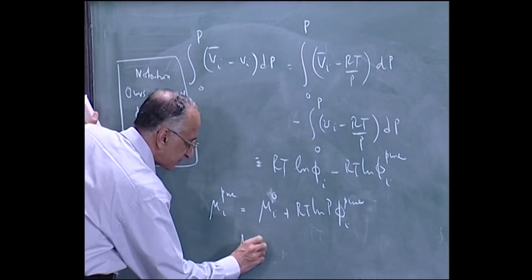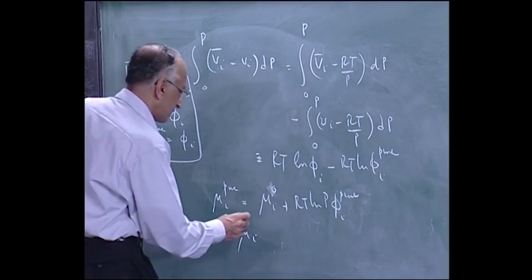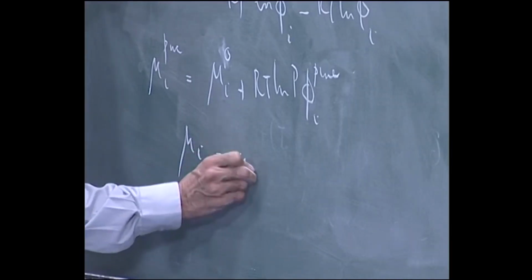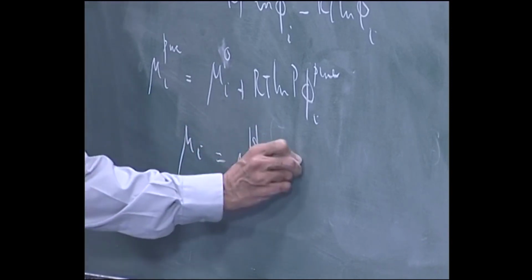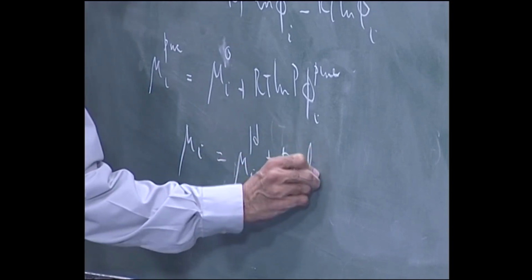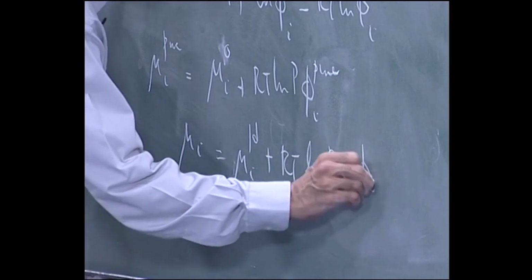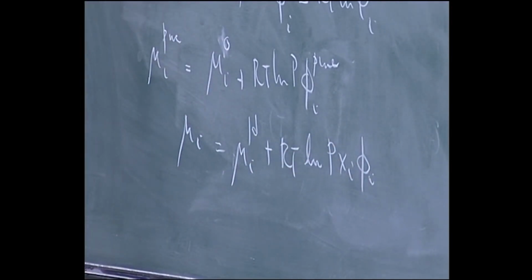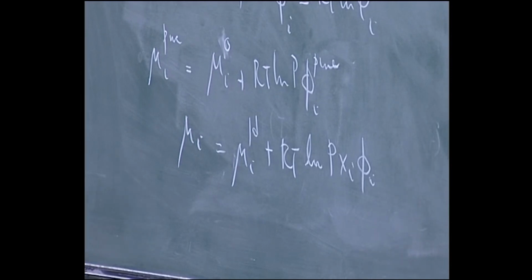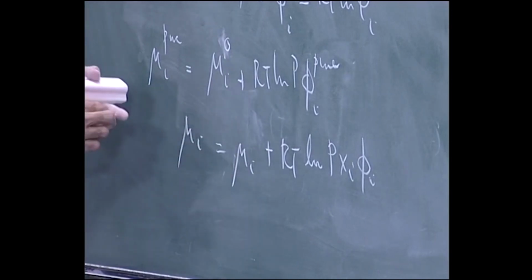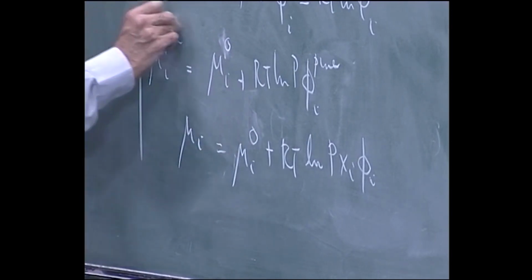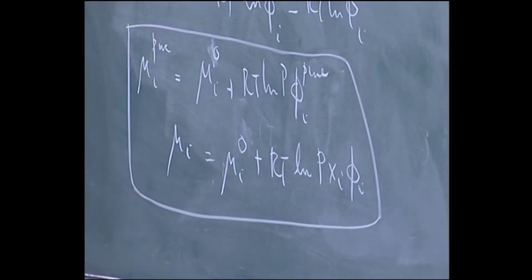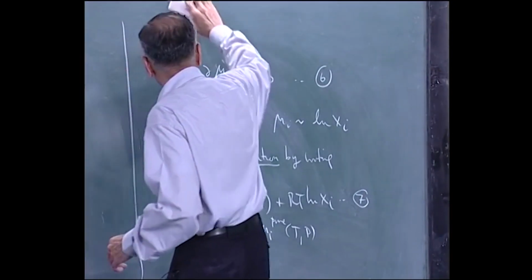Then I have mu I in the actual mixture is equal to mu I ideal mixture plus RT ln P xi phi I. I have actually mu I is equal to mu I 0, mu I ideal mixture is already there, P xi is there, so this is mu I 0, sorry. I have to come back, I will write the different equation.